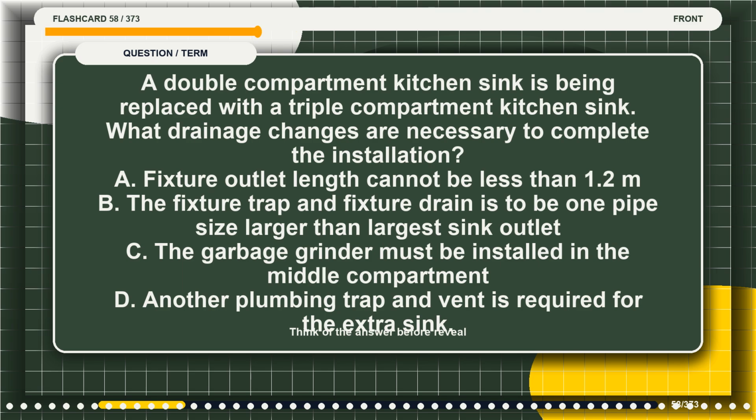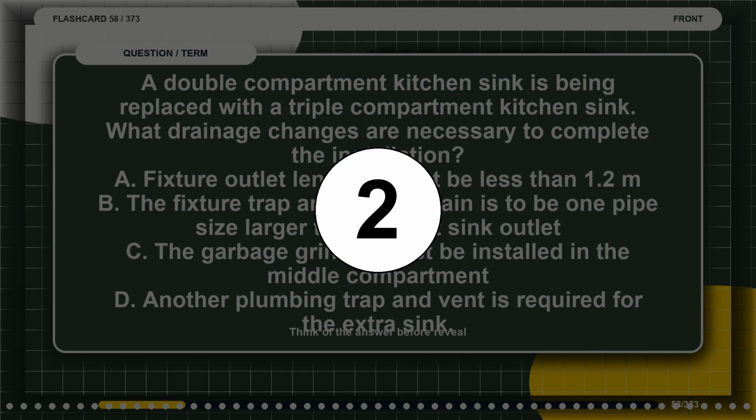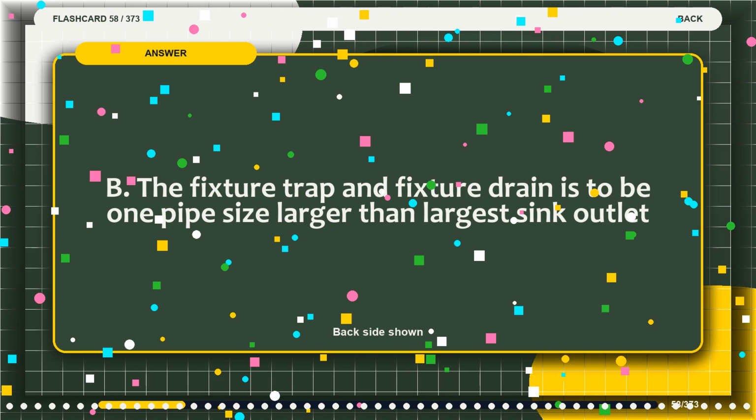C. The garbage grinder must be installed in the middle compartment. D. Another plumbing trap and vent is required for the extra sink. Think of the answer before the reveal. The answer is B. The fixture trap and fixture drain is to be one pipe size larger than largest sink outlet.